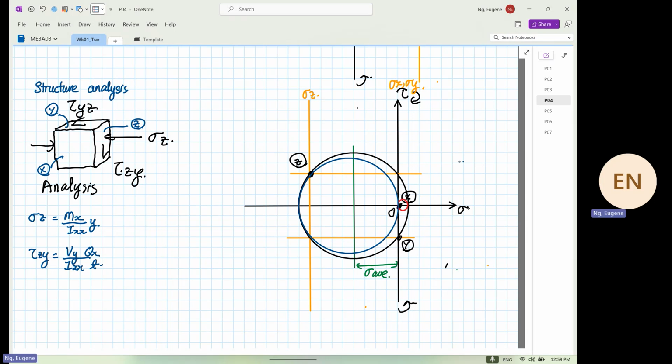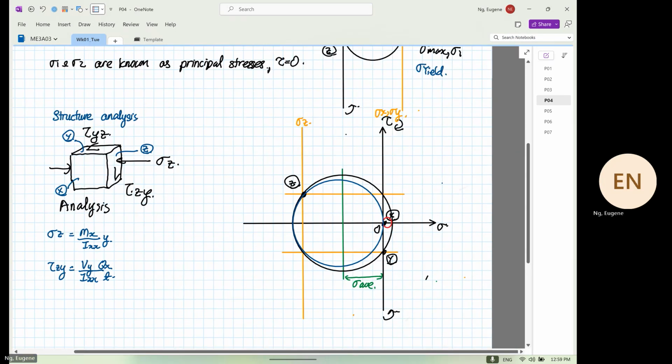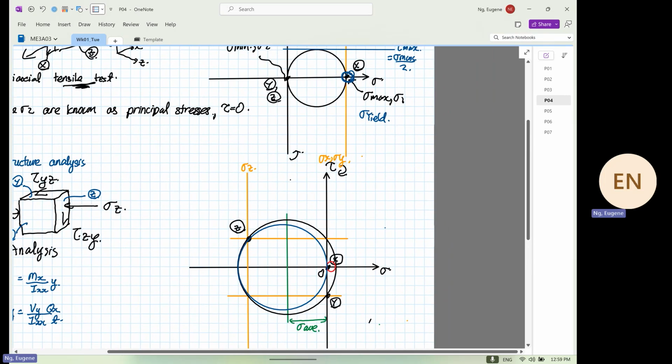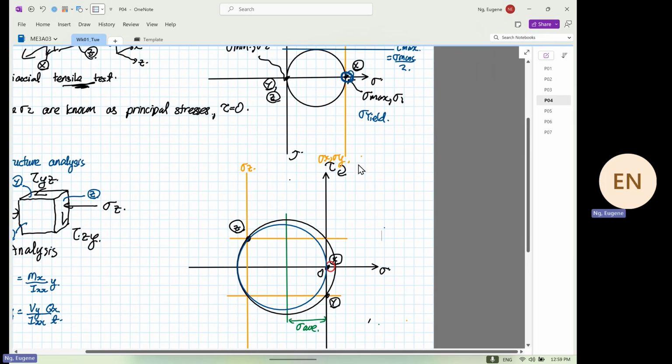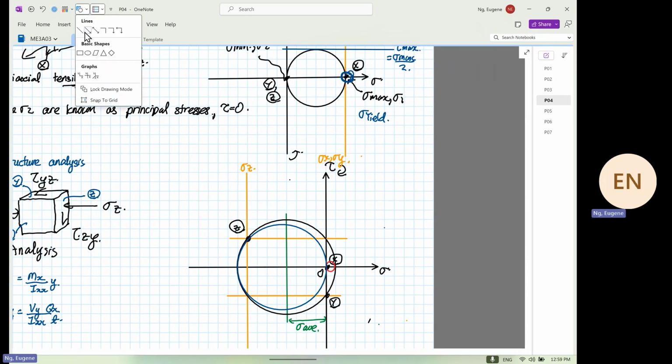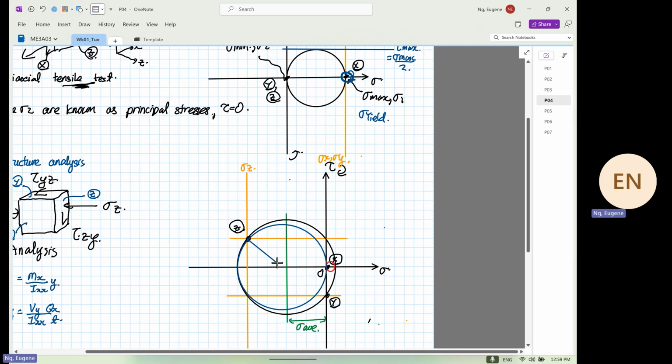So from here, what is so critical? There are two sets of points. This is from our analysis. This is our 3D Mohr's circle. We know that we can draw a line across here. So what's so critical about this now?